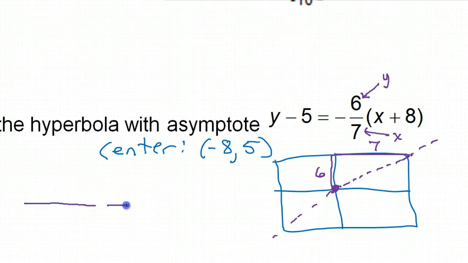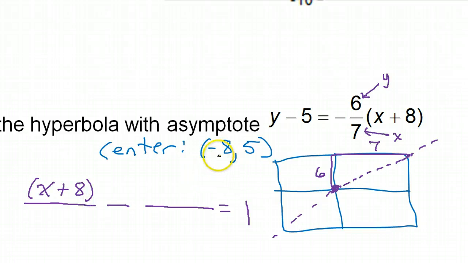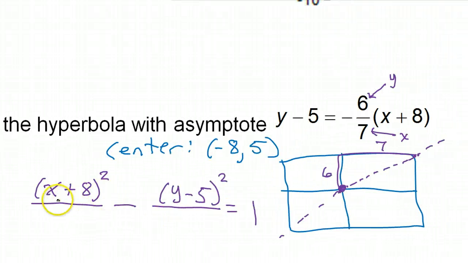So when you go to make your equation, watch how easy this is. It's a hyperbola, so we know it'll be minus, fraction, fraction, equals 1. If we know this is the center, then we can just do x plus 8, I'm just doing opposites, and then squared. Don't forget the squared. And then I will have y minus 5, and that's squared. We don't have enough information to know if it should be the x's first or the y's first, so you can just do whatever you want.